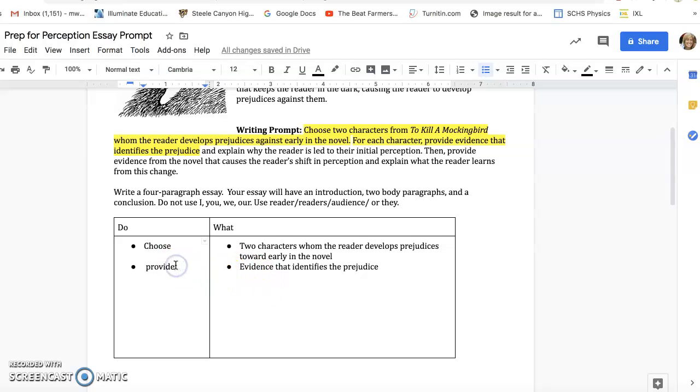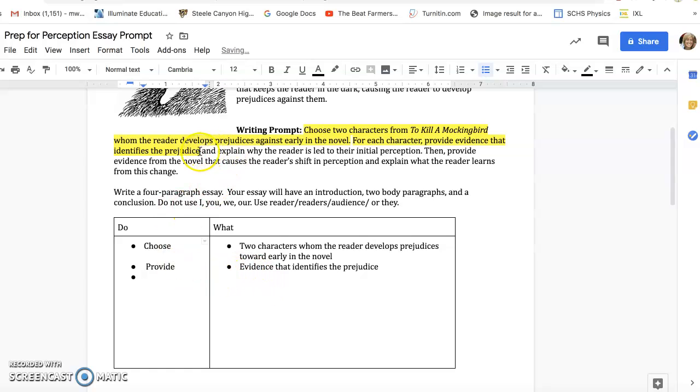Okay. So next you have, and explain why the reader is led to their initial perception. So you need to make sure that you get the verb, and that is explain. And what are you explaining? You are explaining why the reader is led to their perception.